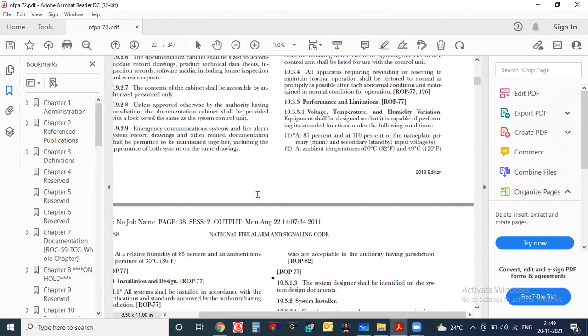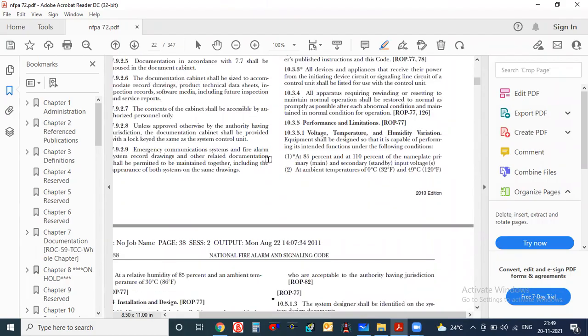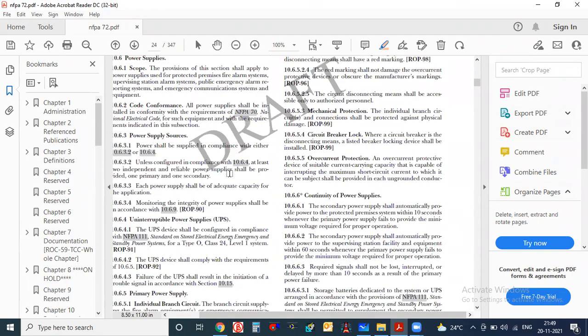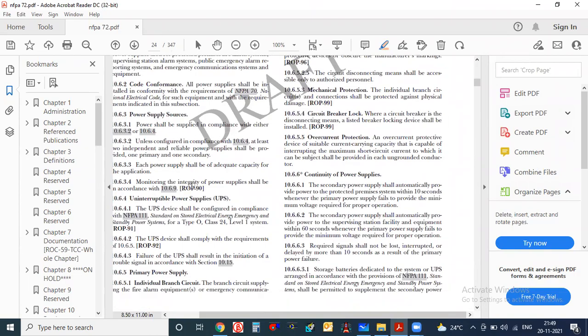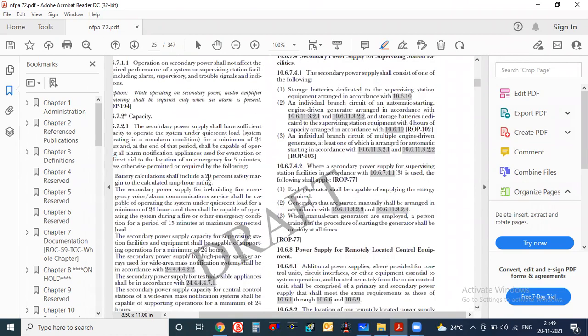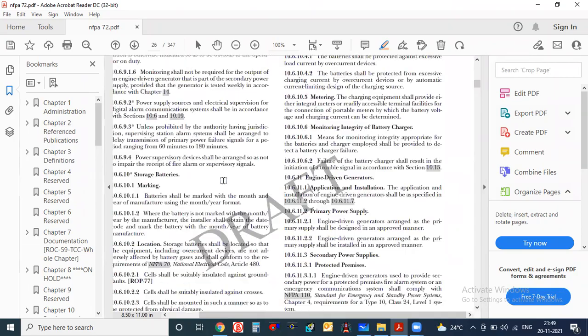If you go here, you will see all the voltage, temperature, and electrical requirements. Just skip power supply sources, UPS, secondary power, primary power system. Even these things are not required for us.